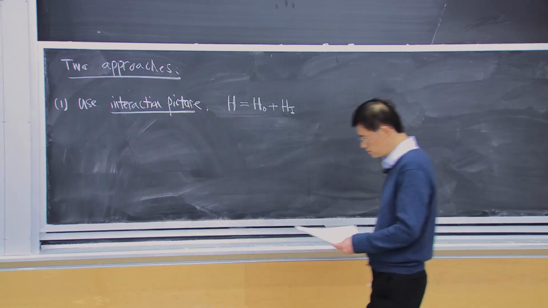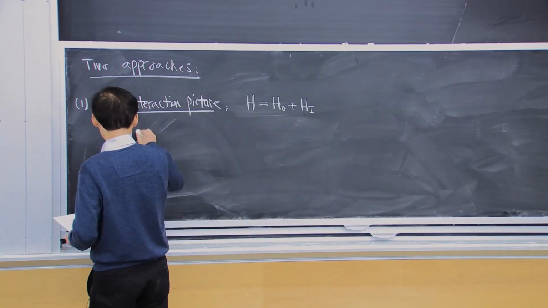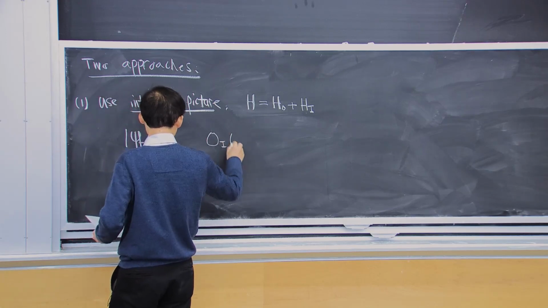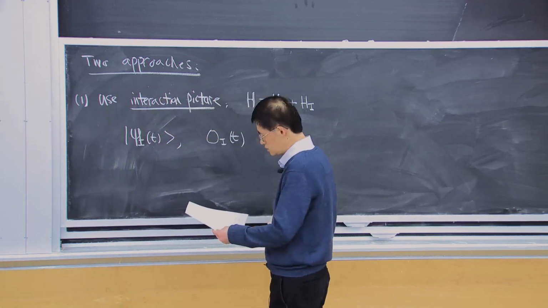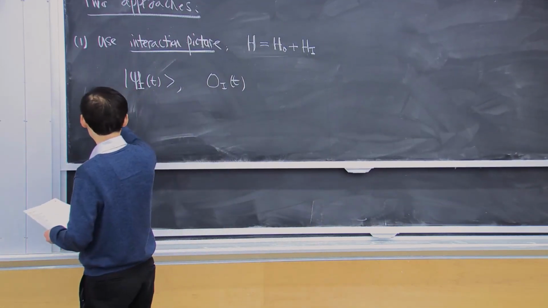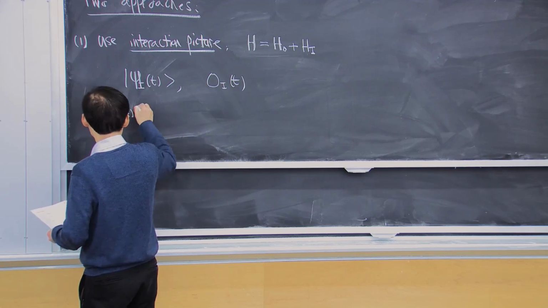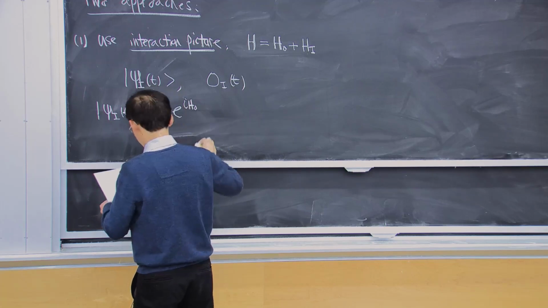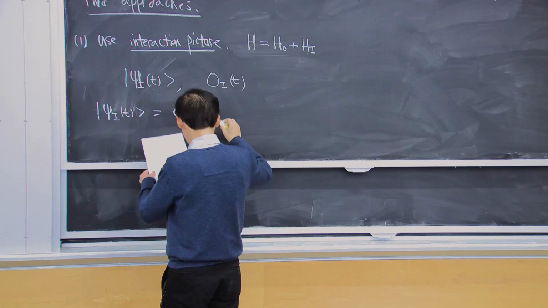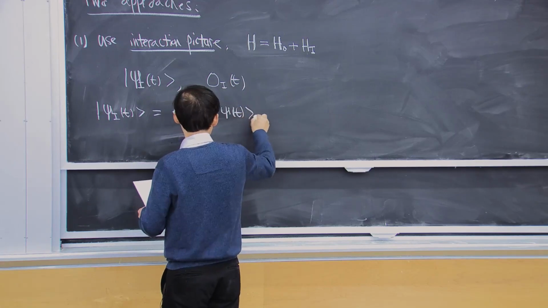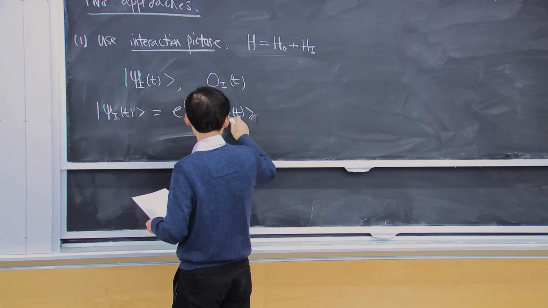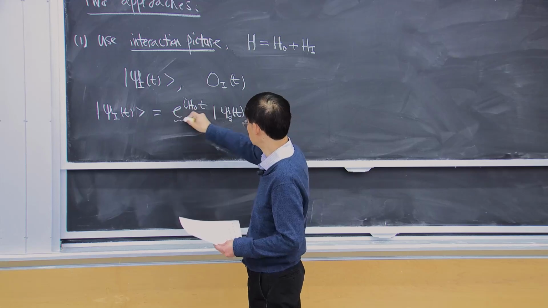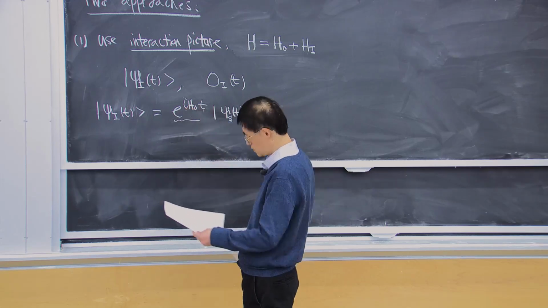Then the interaction picture is that you introduce the state in the interaction picture and the operator in the interaction picture. The state in the interaction picture is related to the state in the Schrodinger picture, which I denote with S here, through a factor of exponential H0t.